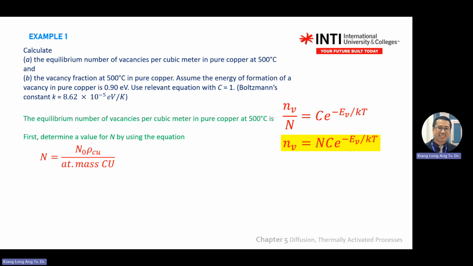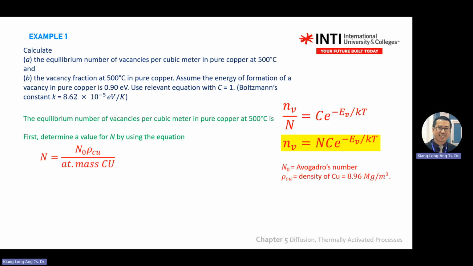So N equals N A times rho, the density per cubic meter, divided by the atomic mass of copper. You take the Avogadro number and multiply by the density. In this case, the density should be given, or you can find it in the appendix at the back of the question.